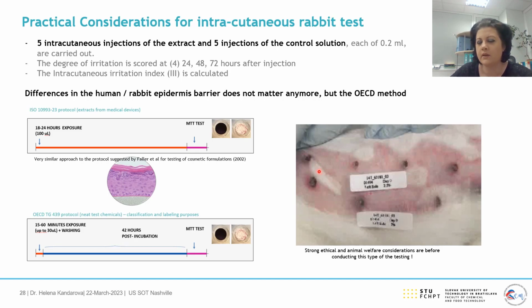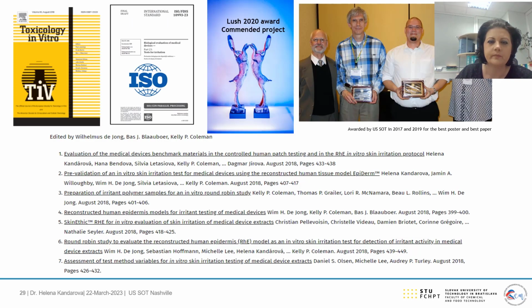So if there is something irritating, something that leads to erythema, edema, it is very obvious in the rabbit skin. With the protocol that utilized the long exposure hours, we were able to very nicely predict this type of very specific irritation with the materials that were kindly prepared for this study by the industry partners.